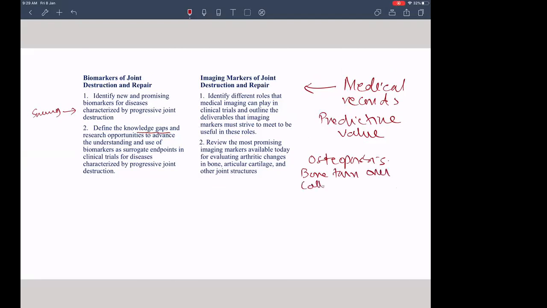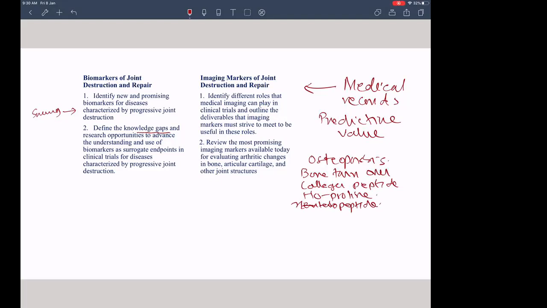One of the collagen peptides that was very useful in accounting for bone turnover was N-telopeptide. There are two ends to the protein, the N and the C. So the N-telopeptide.